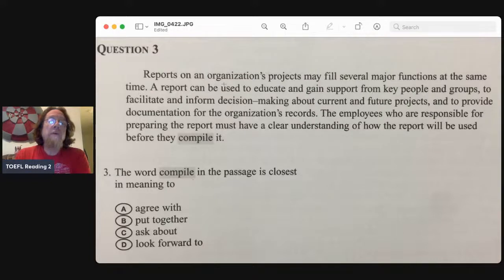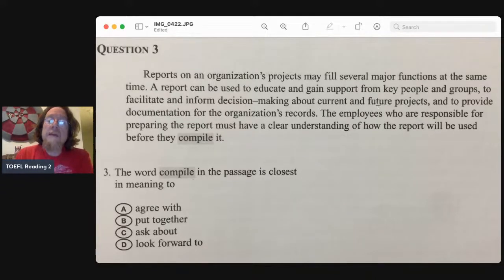A report can be used to educate and gain support from key people and groups, to facilitate and inform decision making about current and future projects, and to provide documentation for the organization's records.